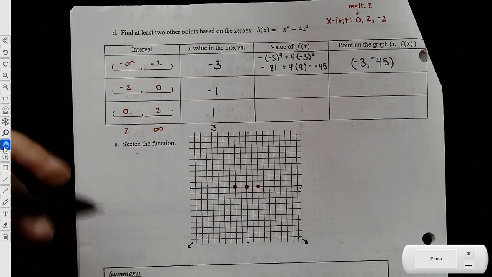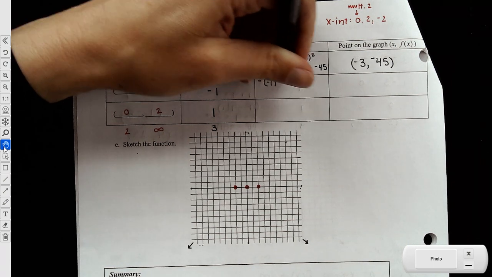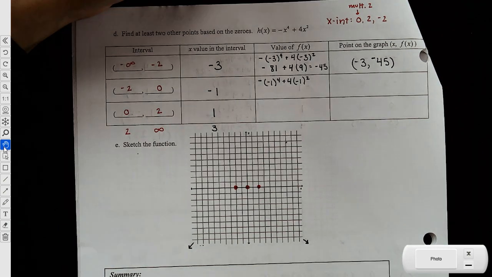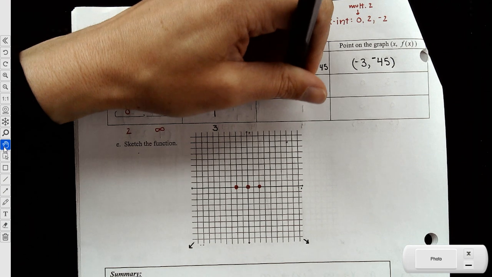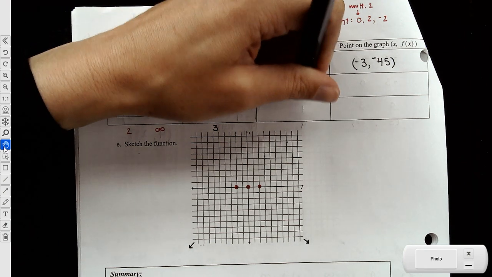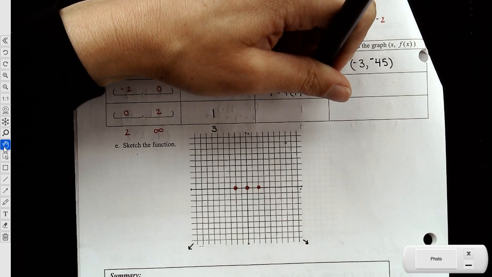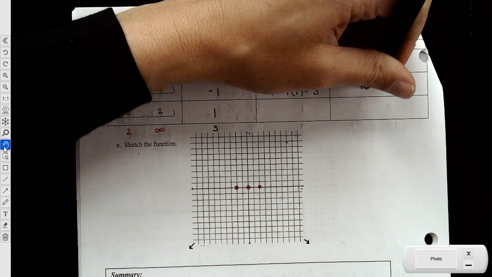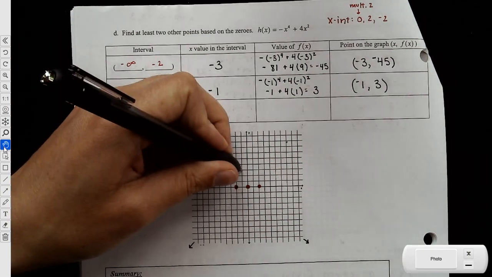Now if I plug in negative 1, negative 1 to the fourth is 1, so I have negative 1 plus 4 times 1. Negative 1 plus 4 is 3, so I have the point negative 1, comma 3. And that one fits on the graph, so I can plot it.